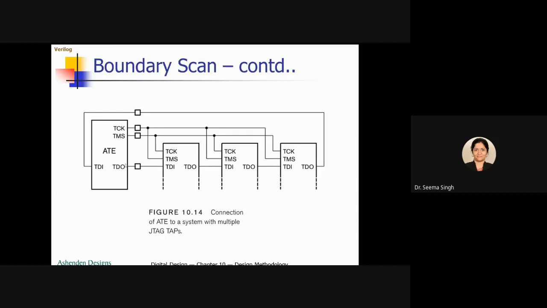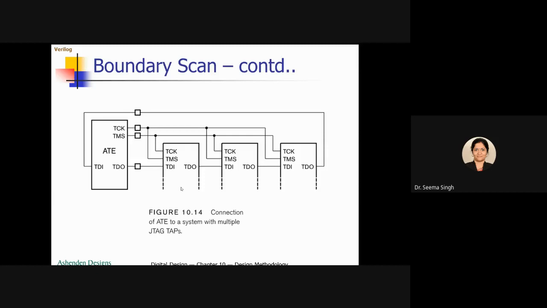Each one will be connected to TCK, TMS, TDI, TDO. This is already told to you: test clock, test mode select input, test data input and test data output. So this automatic test equipment will connect to all these connections, and this is how it will be testing the boundary scan part.